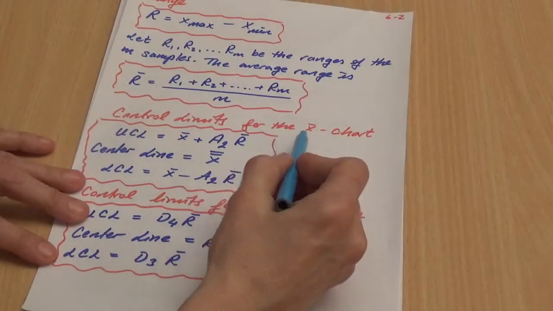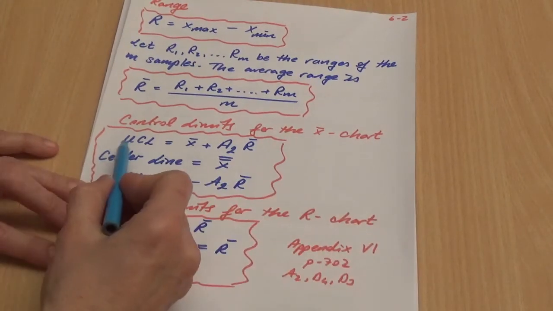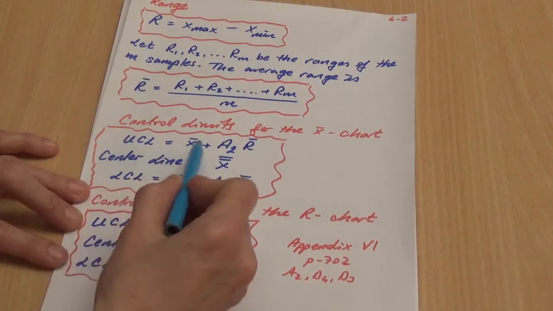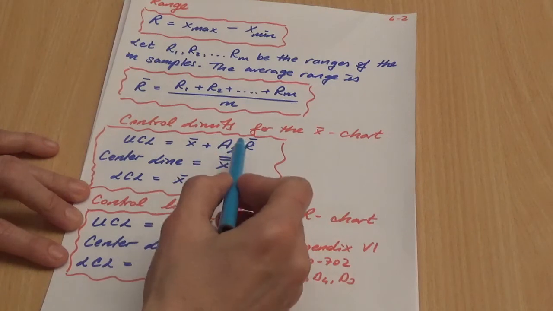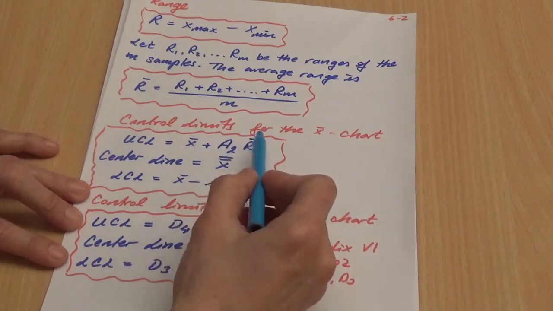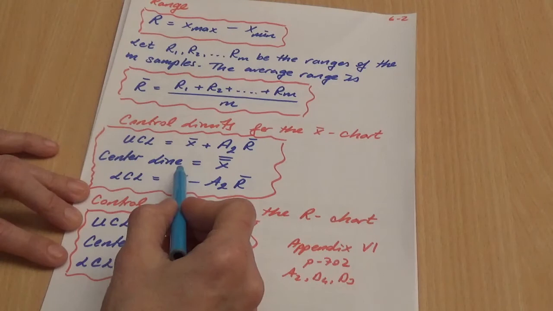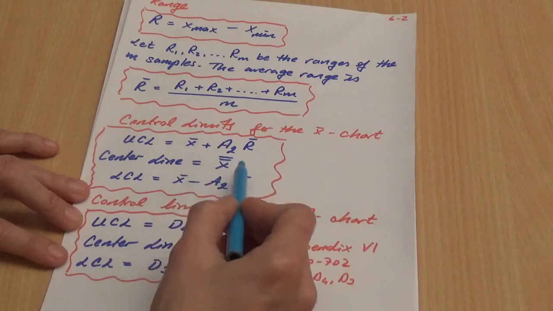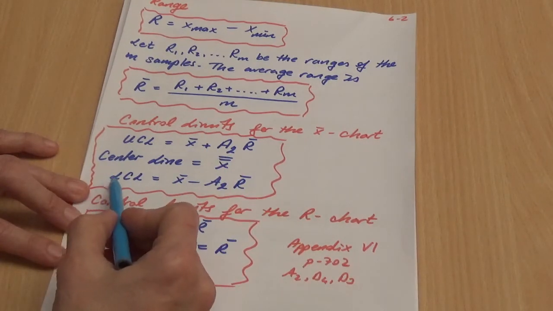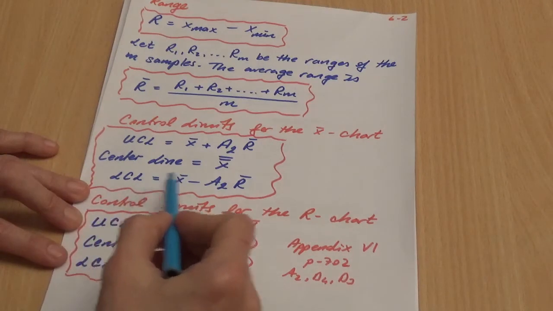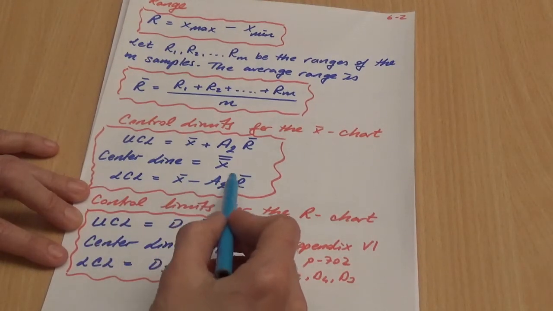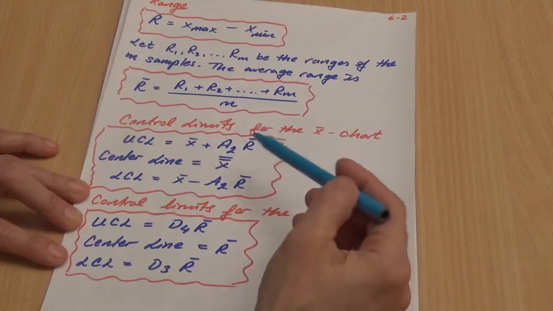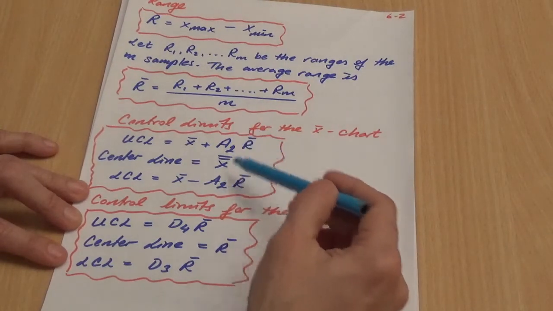Control limits for X bar chart. Upper control limit equals X bar bar plus A2 R bar. Center line would be X bar bar, and lower control limit will be X bar bar minus A2 R bar. Now, what are these A2s?